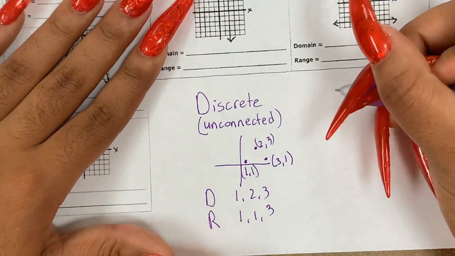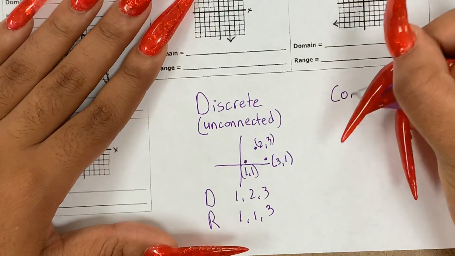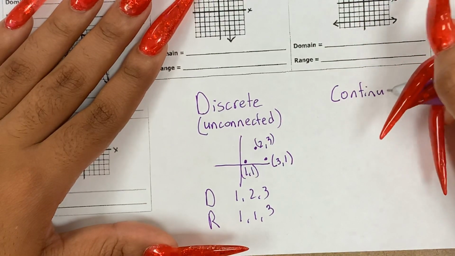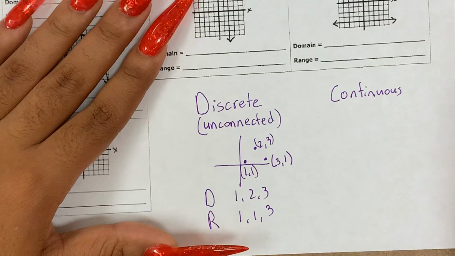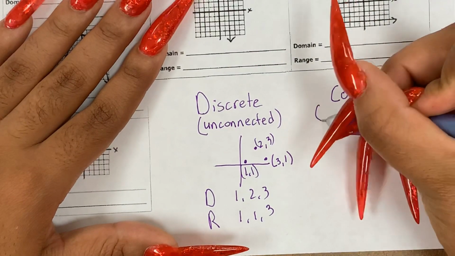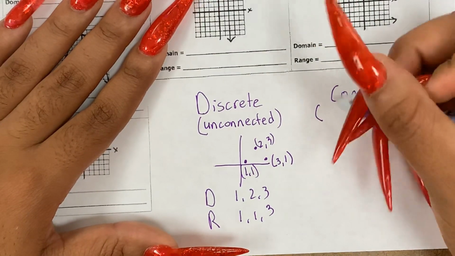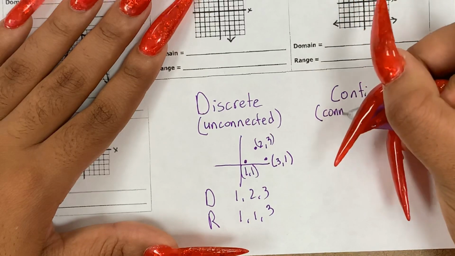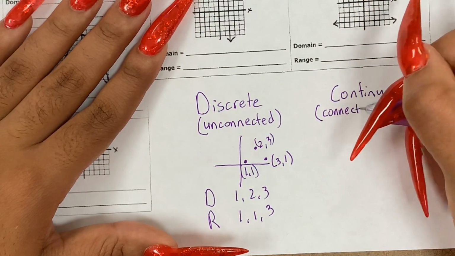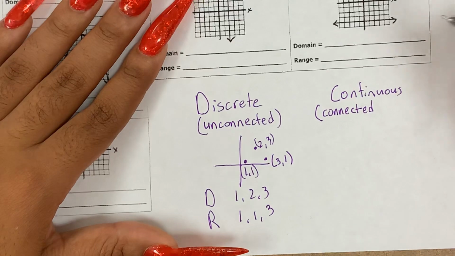Okay, continuous is different. So continuous graphs, they are connected. They are made up of many points.